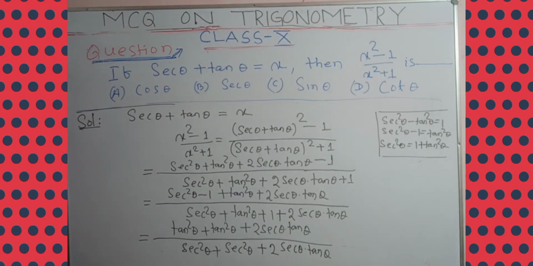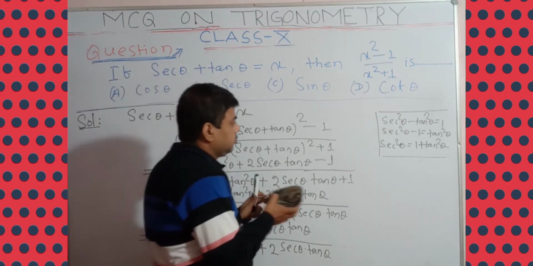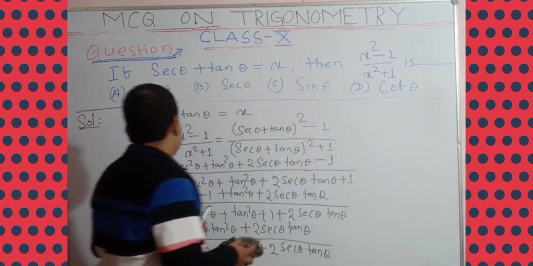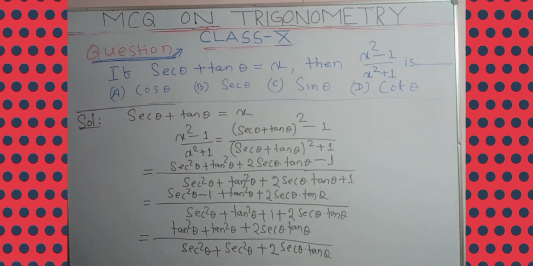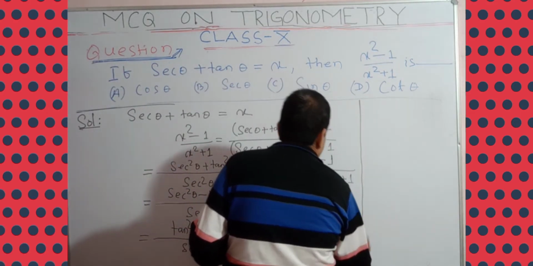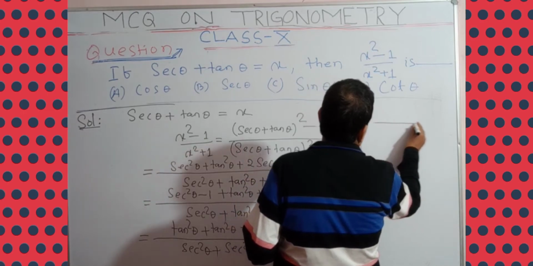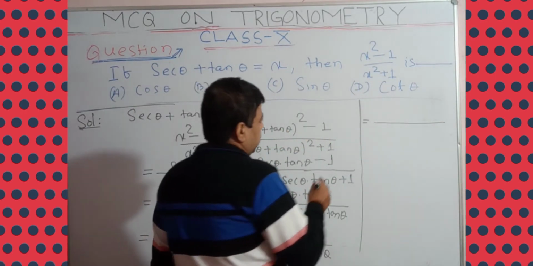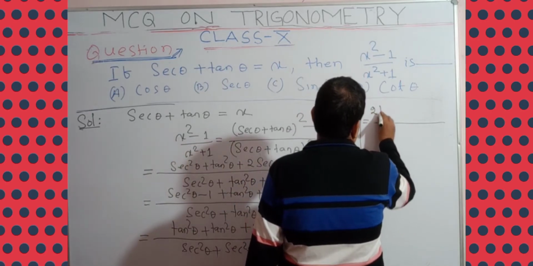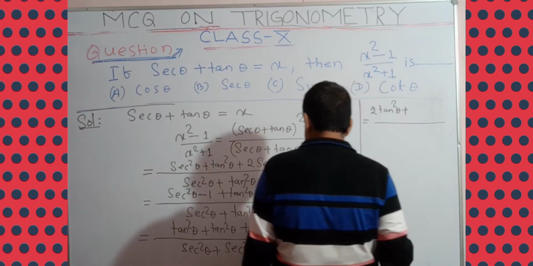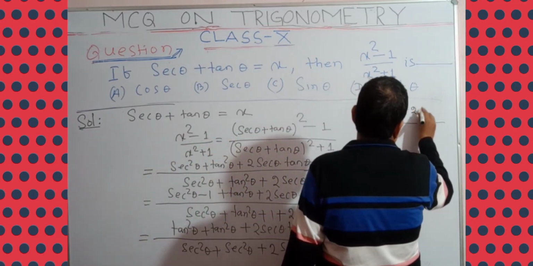Okay. Now let's see. Up to this, is it clear, all of you? Look here. You see tan square theta plus tan square theta. Can you write 2 tan square theta plus 2 sec theta into tan theta?